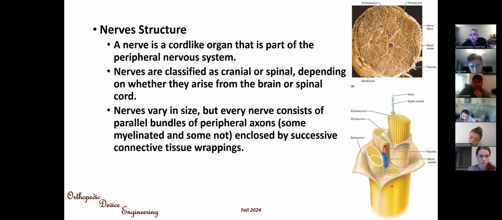When we are talking about the peripheral nerves, the nerves in the extremities, they are actually a collection of axons. This is one axon. It is covered by a very thin membrane, and a collection of these axons is again covered by another thin membrane.